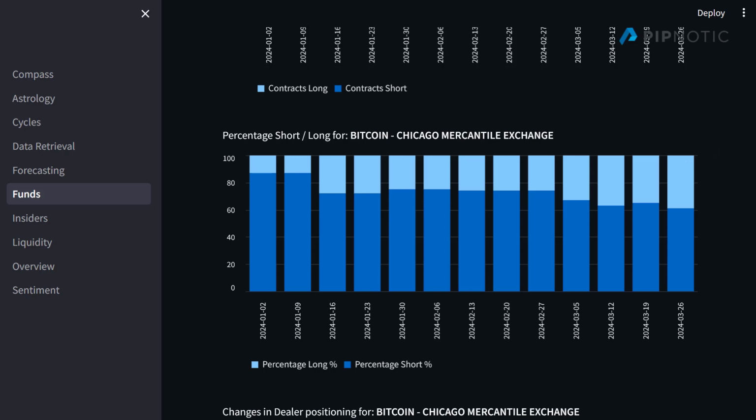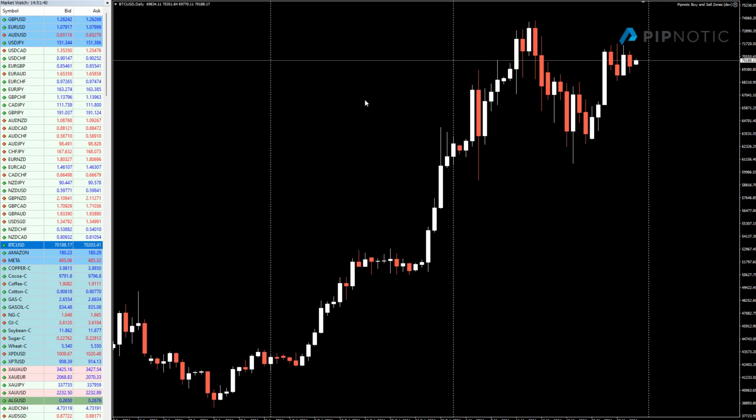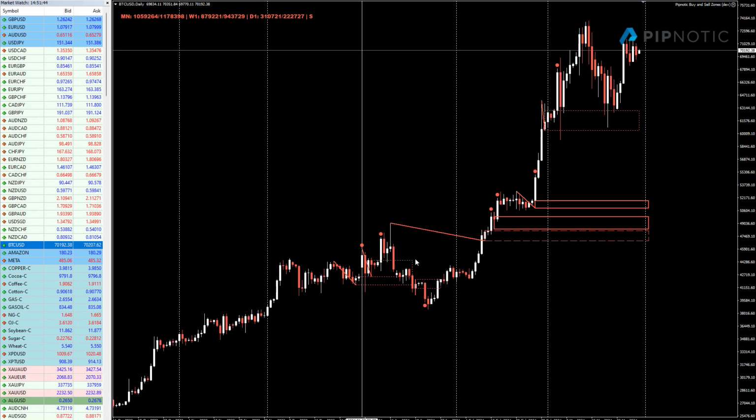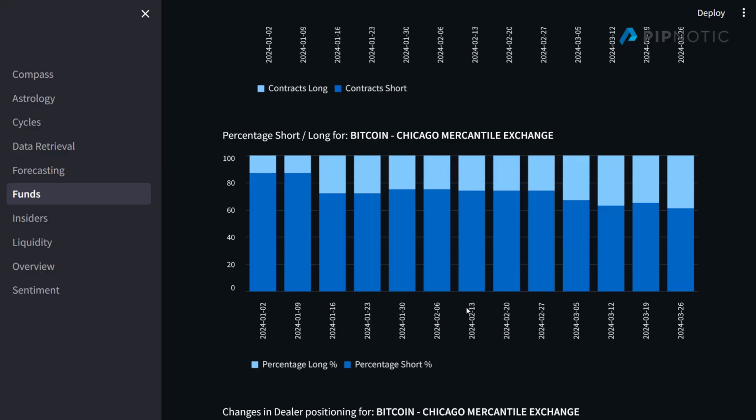So if we have a look at the Bitcoin price chart, here we have January, here we have February. Okay, January, February, March. This whole month we have been expanding. But notice here in January we had a decrease in the price of Bitcoin. So this is January.